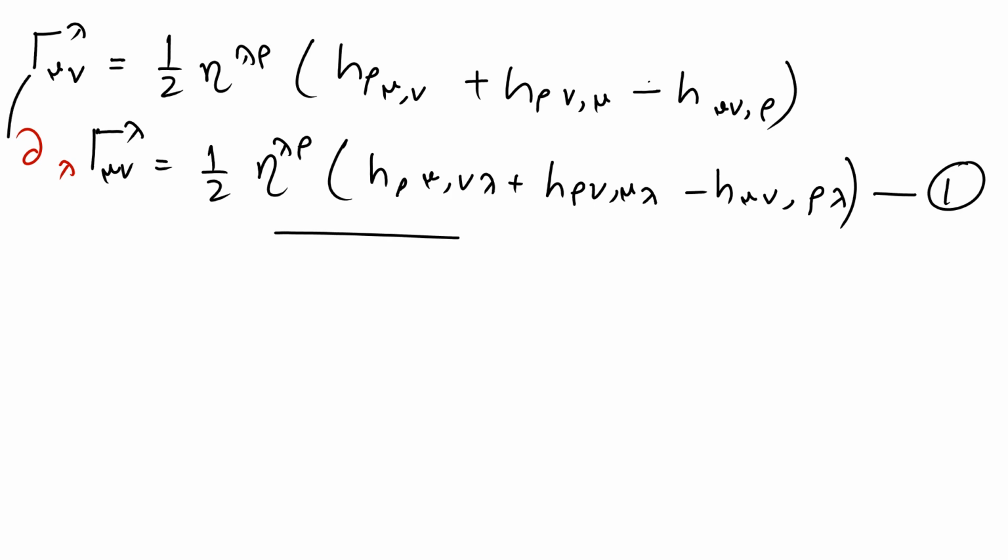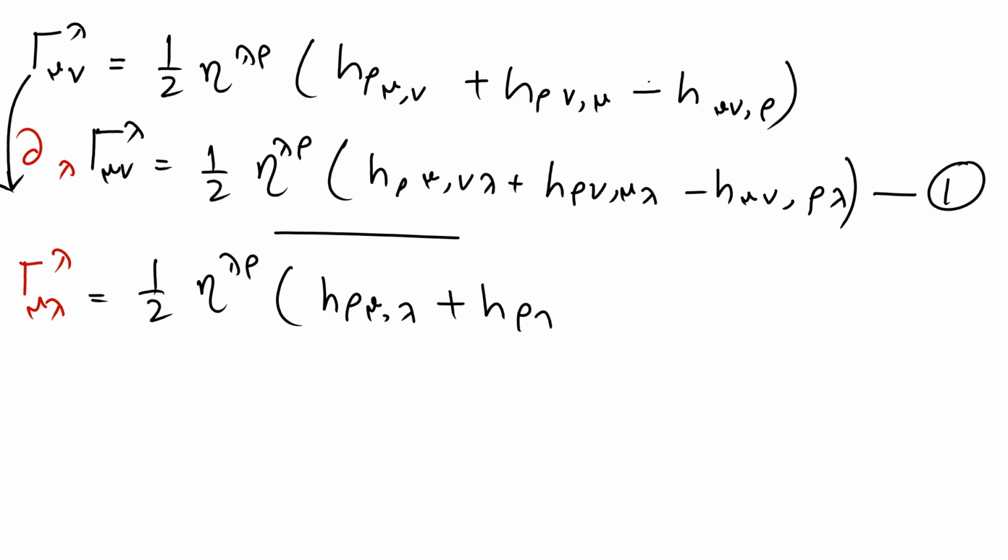Let me do the same step as I said before: find the Christoffel symbol. The second step was to find this Christoffel symbol and then multiply with the derivative, equal to 1 by 2 rho mu plus, and let me write this and then I will explain, minus h mu rho.